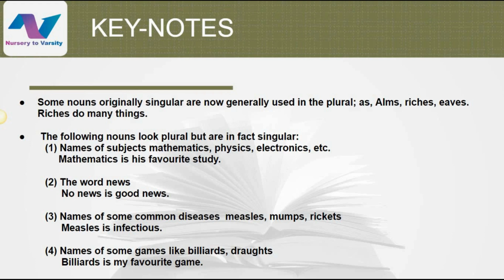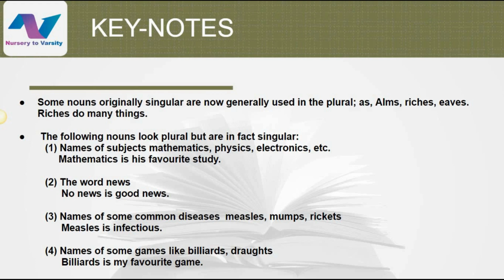But simply they are singular and they are just one. So, for example, I'll say mathematics is his favorite study. I'll never say mathematics are. No, because these are singular things. Second, the word news. It definitely seems plural, but this is singular. No news is good news.